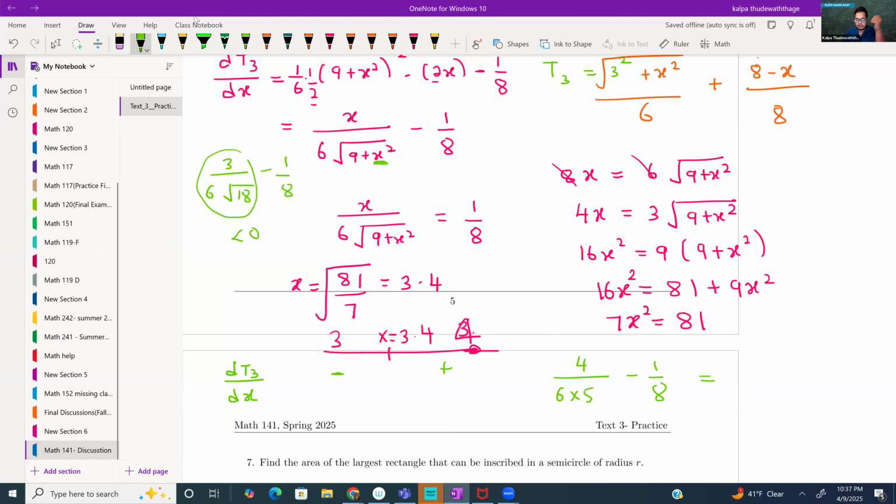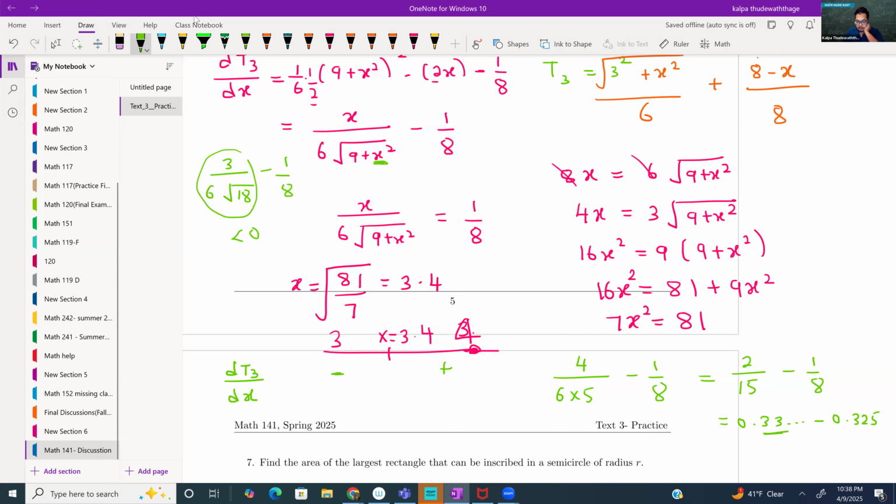That's 2 over 15, which is about 0.133, and 1 over 8 is 0.125.